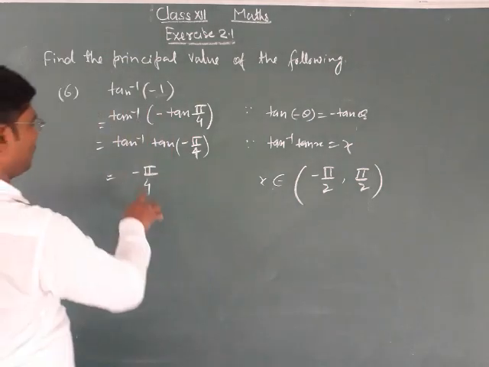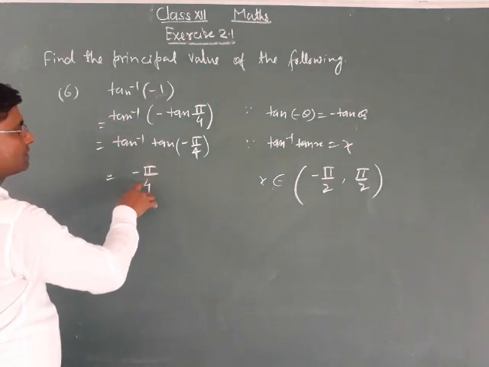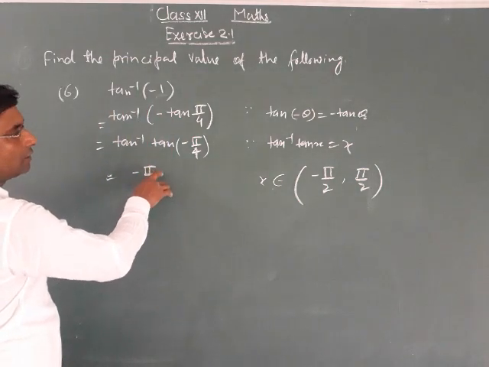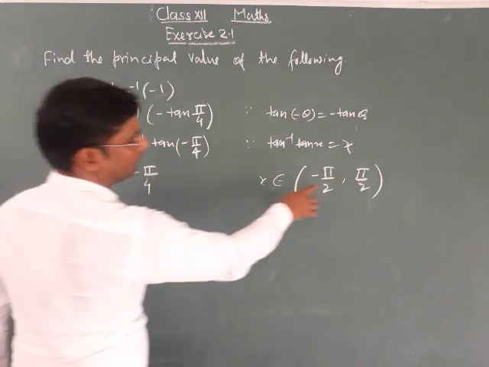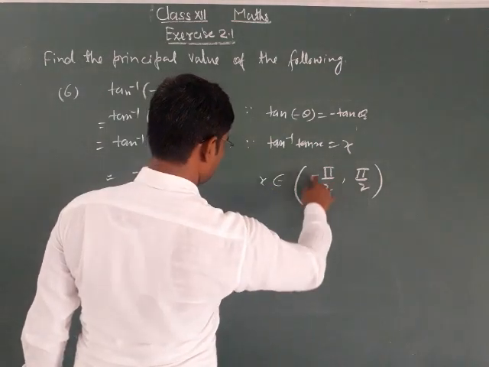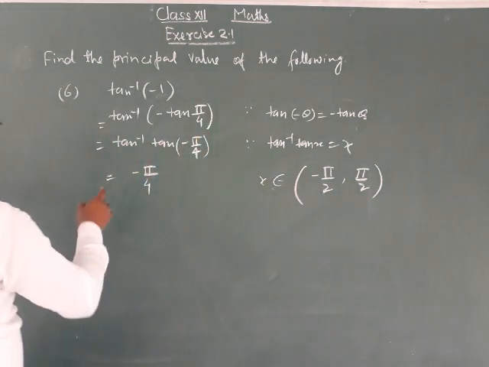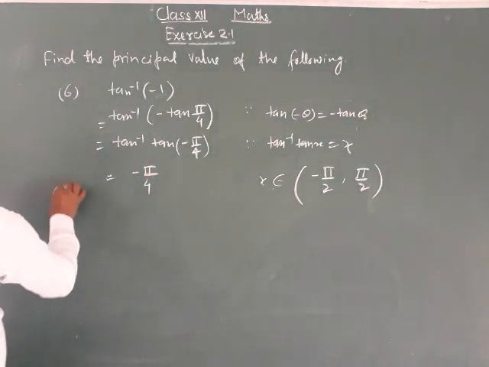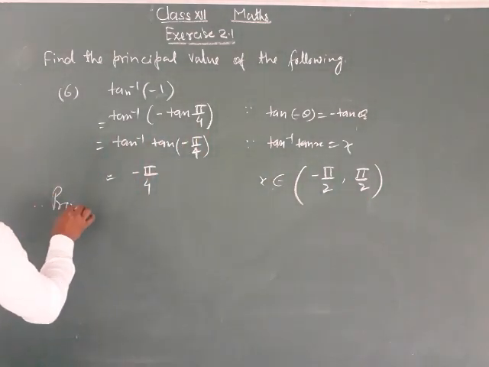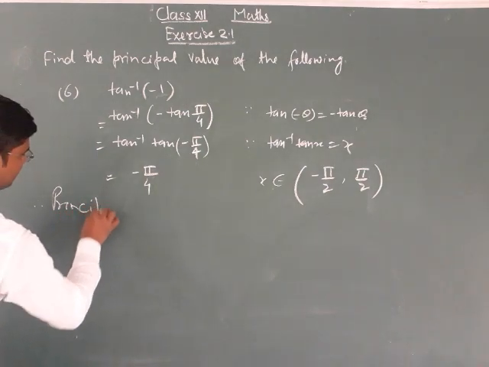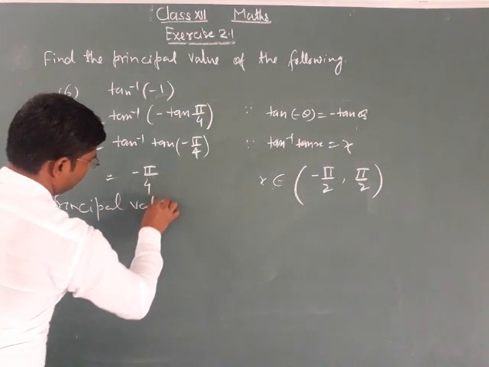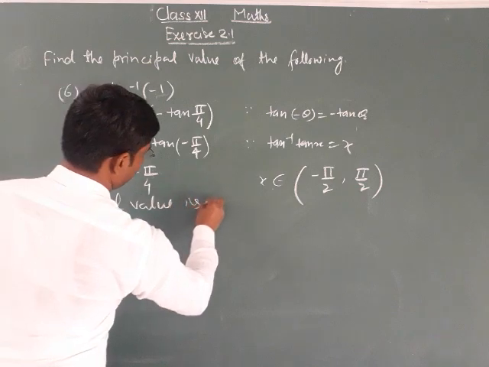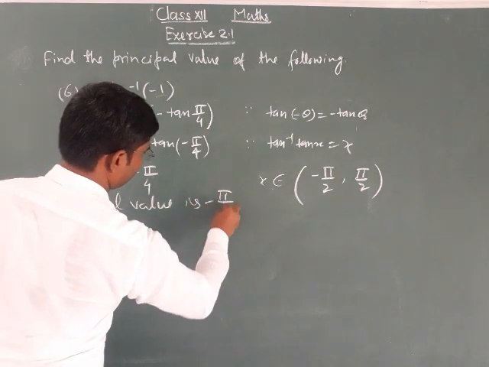Minus pi by 4 means 180 divided by 4, which is 45. Minus 45 lies between them. Therefore the principal value is minus pi by 4.